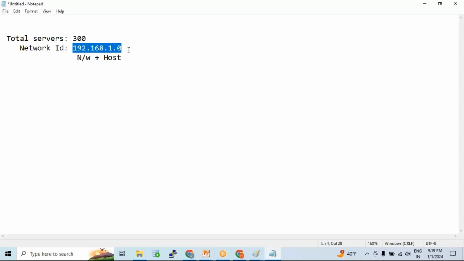If so, how do you ensure that the IP you are trying to generate for your server belongs to the same network? The rule says whatever network ID you defined, ensure that your network portion is the same. So now if I want to generate an IP address, it should be like this: 192.168.1.1. Another IP address is 192.168.1.2.